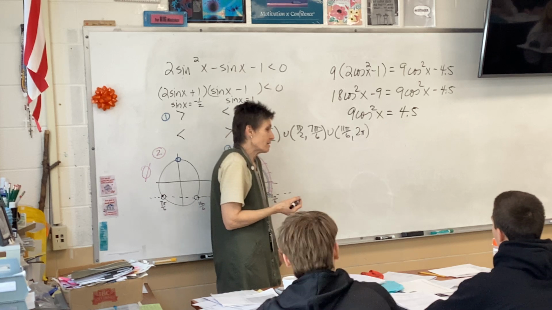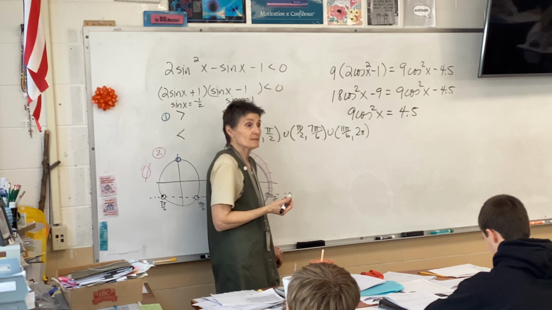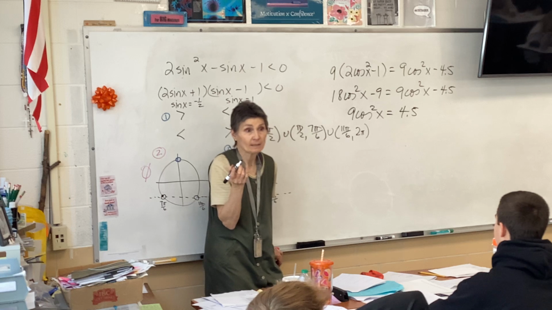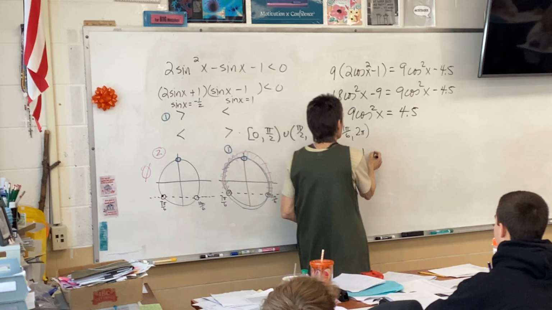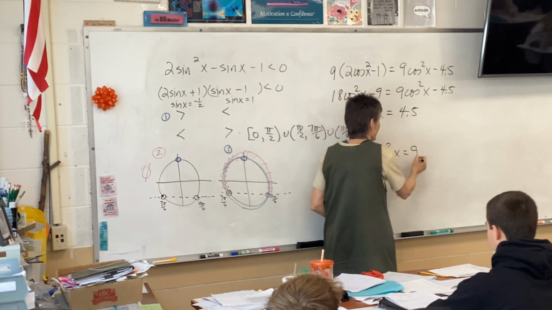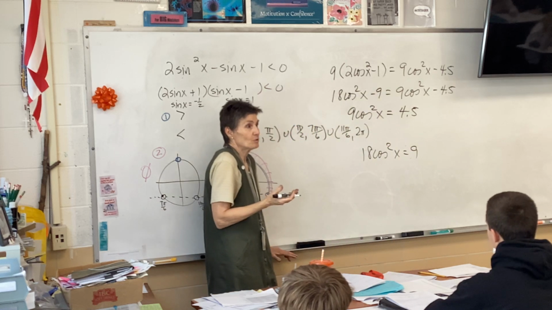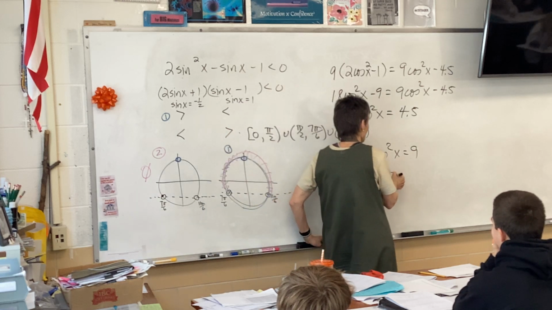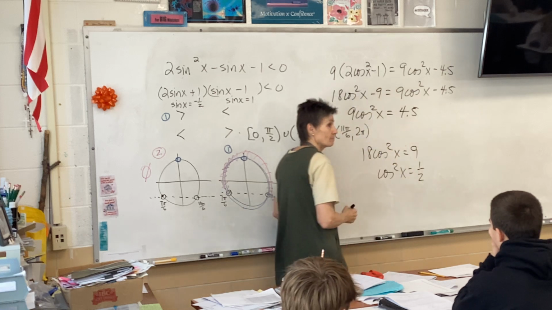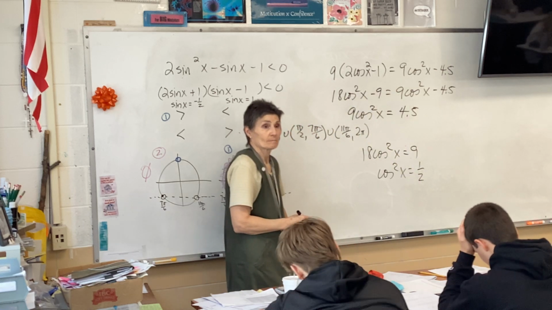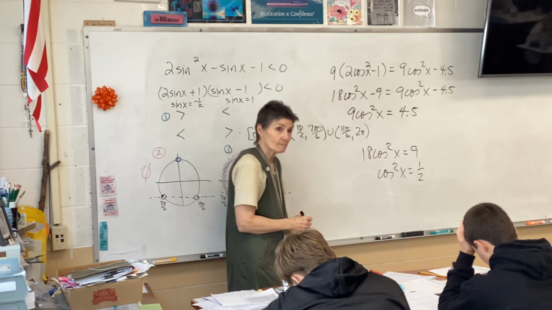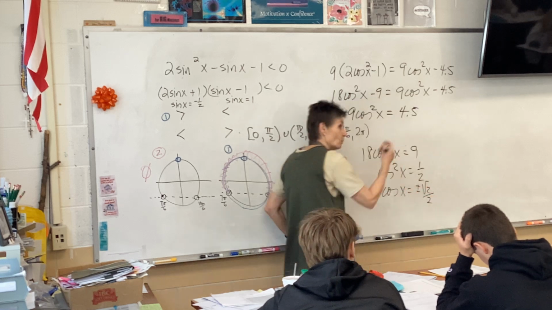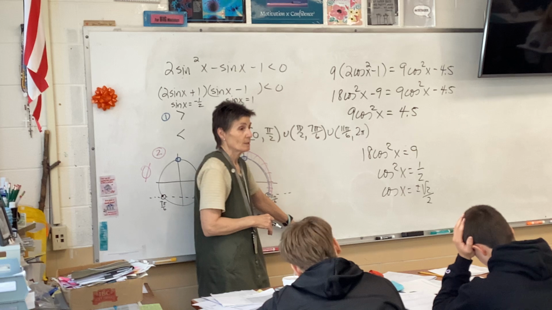Now, if you don't like the decimal, you could think of the decimal as 9 halves and times everything by 2. So we have 18 cosine squared equals 9. You don't have to do that, but now you don't have a decimal. So cosine squared equals 1/2. Right? And cosine equals plus or minus square root of 1/2, which is root 2 over 2.